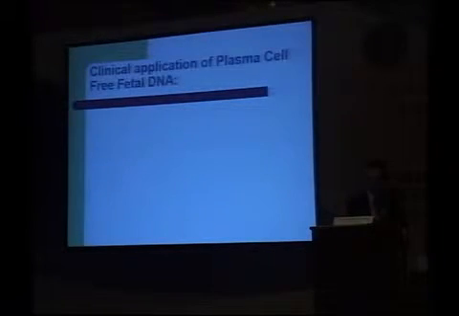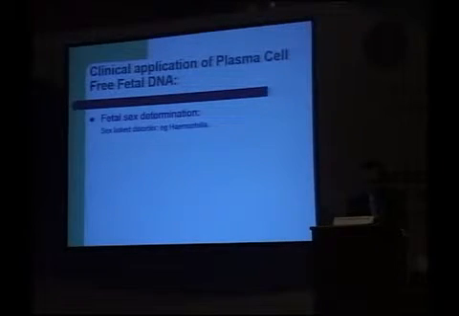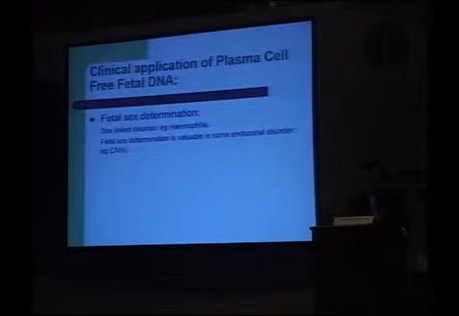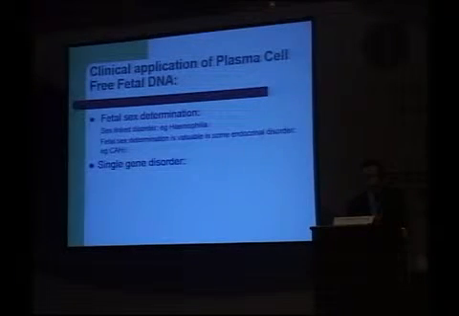For the clinical application of cell-free fetal DNA, we can detect the fetal sex to diagnose sex-linked disorders such as hemophilia. It has an important role in some endocrine disorders such as congenital adrenal hyperplasia, to prevent the development of congenital ambiguous genitalia if the fetus is female, by giving the mother a high dose of dexamethasone.